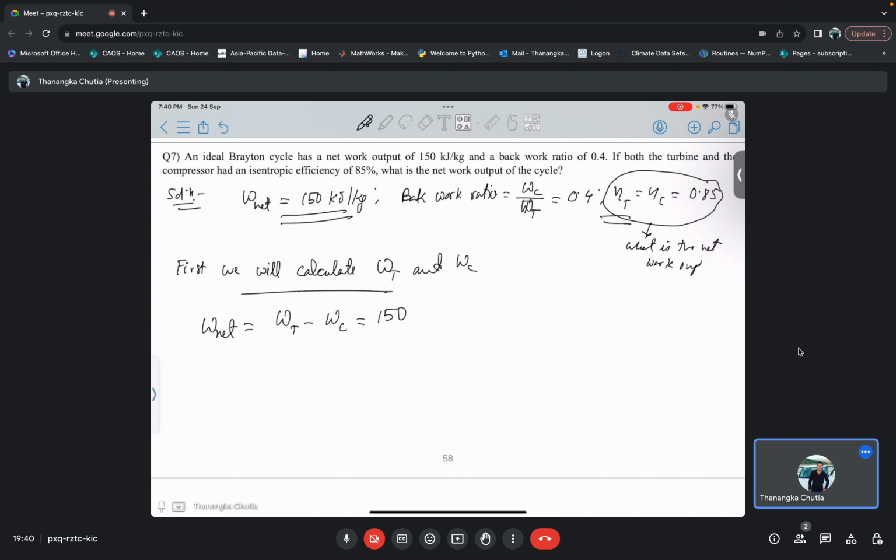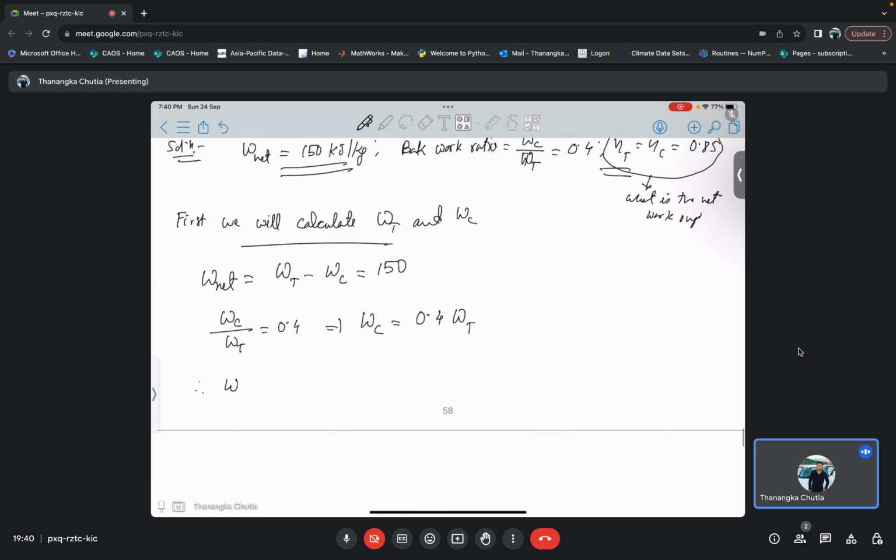Again, WC divided by WT is equal to 0.4. This means WC is equal to 0.4 times WT. Therefore WT minus 0.4 times WT is equal to 150. So that means WT is 150 divided by 0.6 kilojoule per kg. So you will get 250 kilojoule per kg.